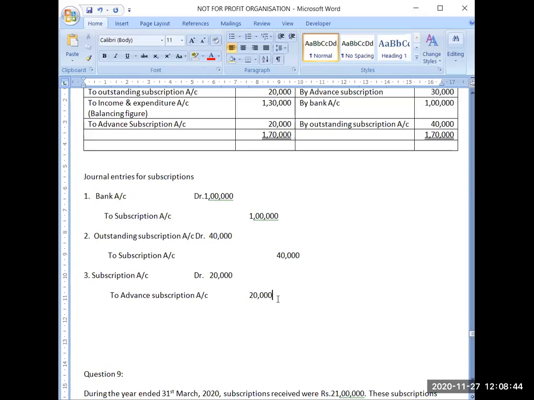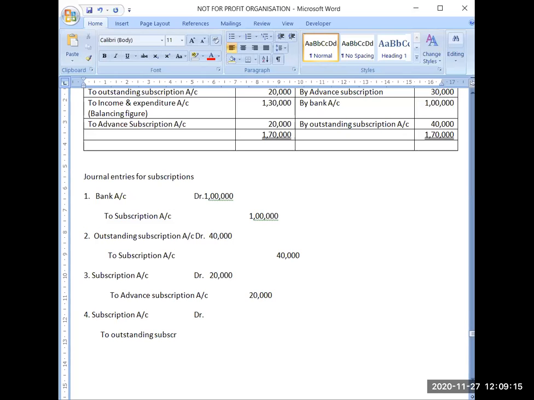So I will reverse this entry in the next year. The next year entry will be subscription account debit to outstanding subscription account. I have reversed this entry in the beginning of the next year.